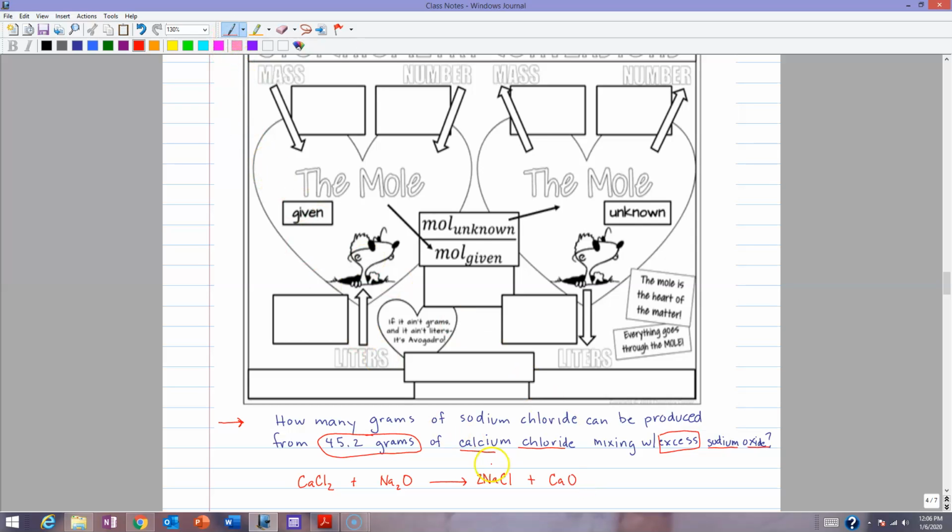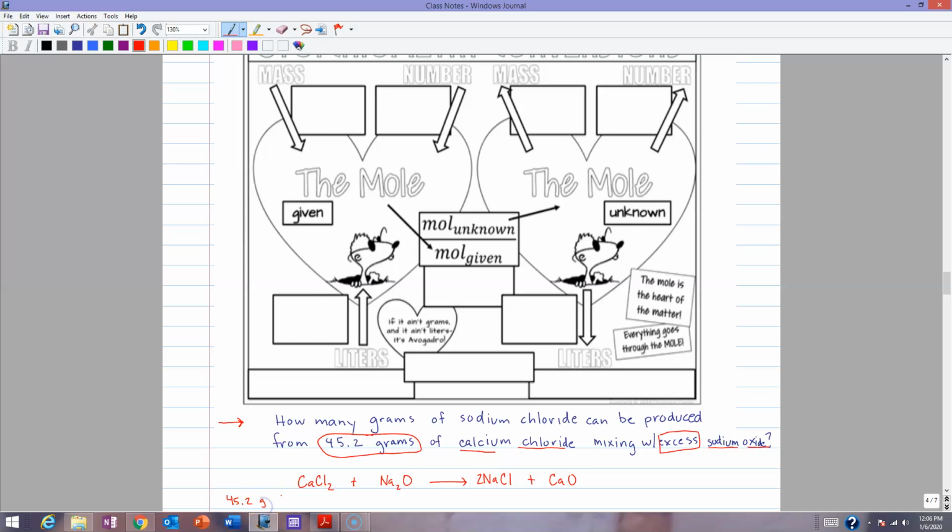It should be CaO. Calcium has a +2 charge. Oxygen has a -2. And so by putting a 2 in front of sodium chloride, that's going to give me my balanced equation.